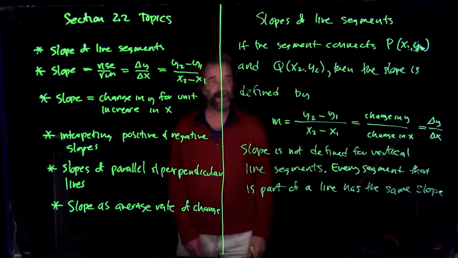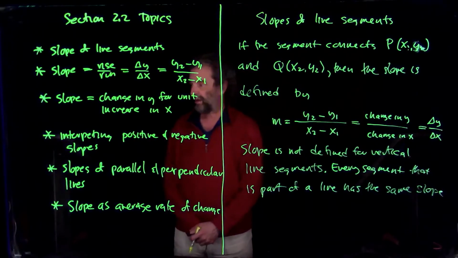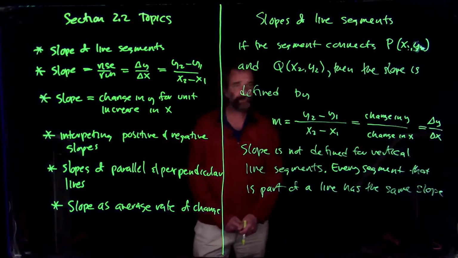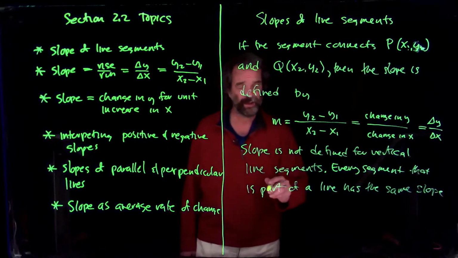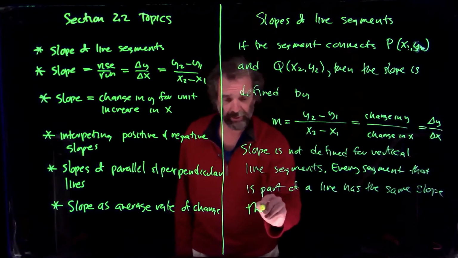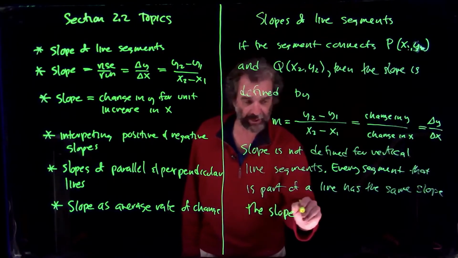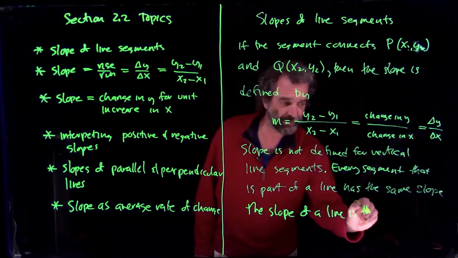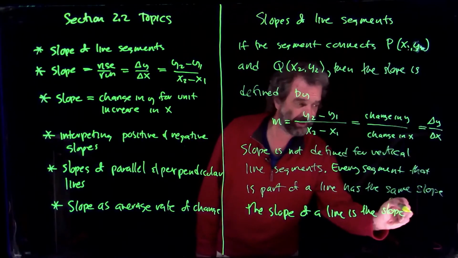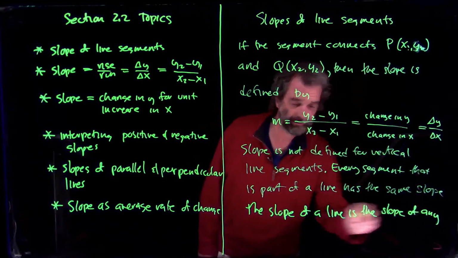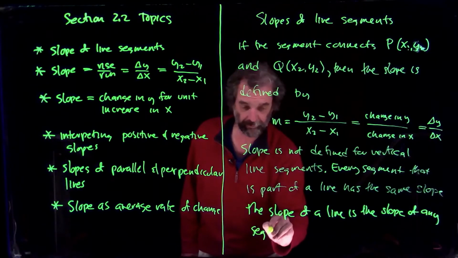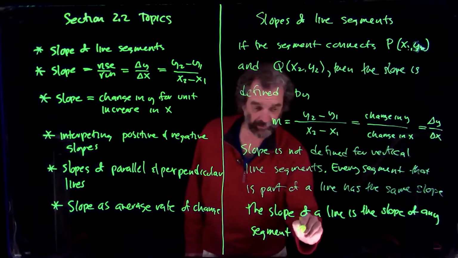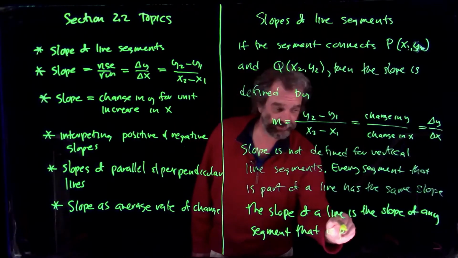So the slope of the line is the slope of any segment that's part of the line. I'll just write that down. The slope of a line is the slope of any segment that is part of the line.